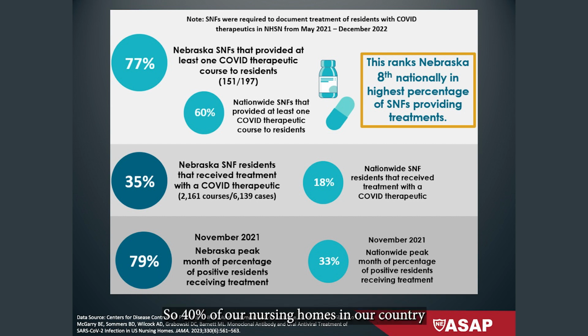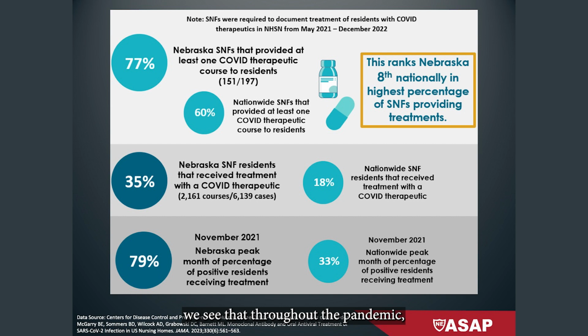So 40% of our nursing homes in our country never gave a therapeutic to any of their residents, ever. In Nebraska, we had 77% of our facilities at least give one course of treatment, which ranked us 8th nationally. So that's really high, and I think it was reflected in our being one of the lowest states with resident deaths from COVID early on in the pandemic.